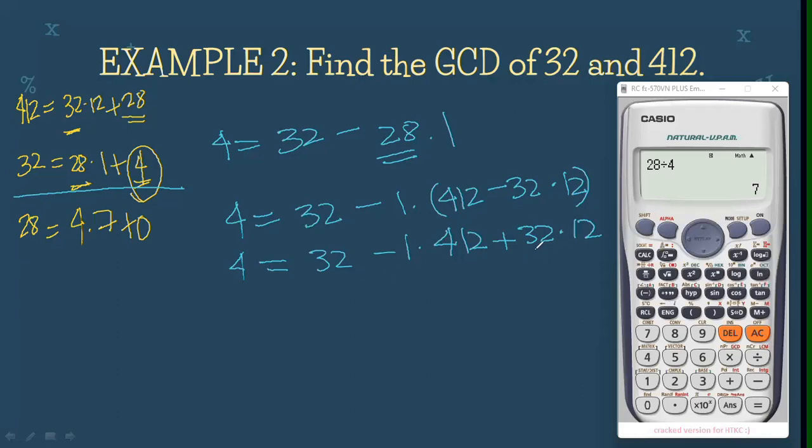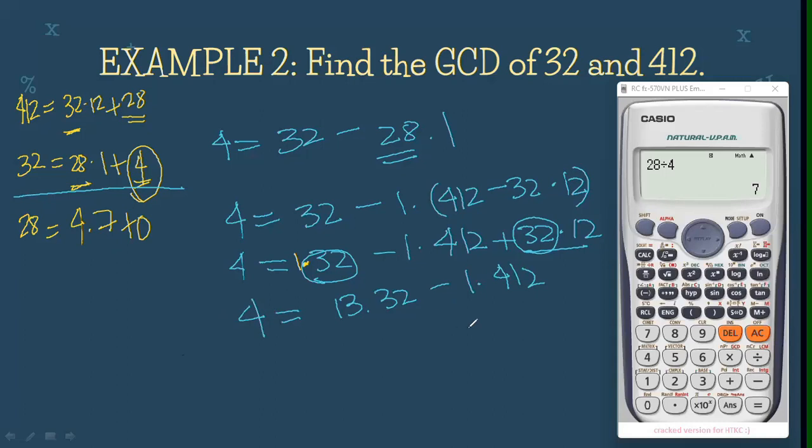Now, since parehas po silang may 32 dito, ibig sabihin ito po, meron po siyang invisible number 1. So we have here 1 times 32. 1 plus 12, that is 13. So we will have 13 times 32 minus 1 times 412 is equal to 4.